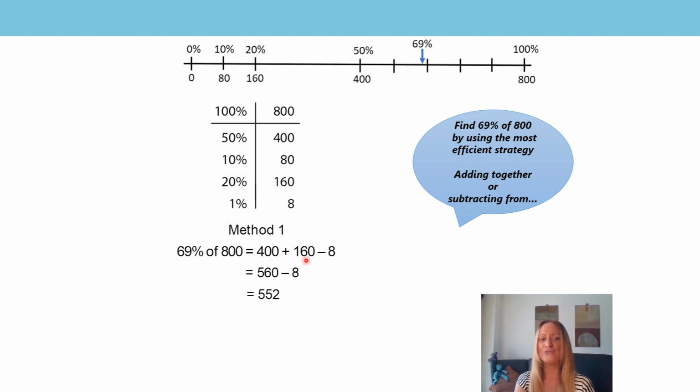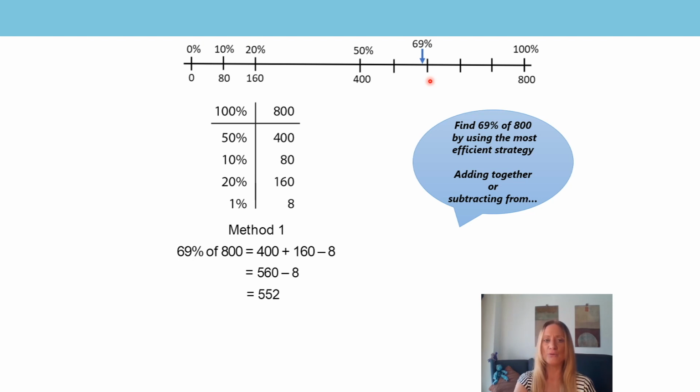So 50% plus 20% is 70%. Right, because we need to look at where 69% is, don't we? Is it 70% there? 50, 60, 70, 80, 90, 100%. So 69% is just before 70%, isn't it? It's one less. We've decreased 70% by 1/100th.